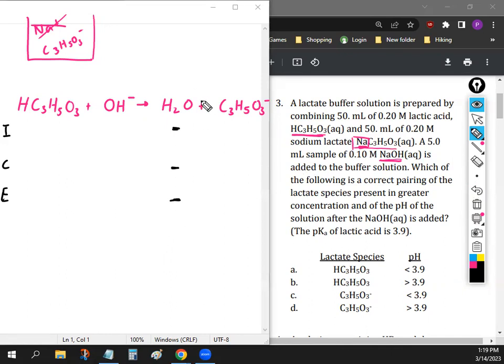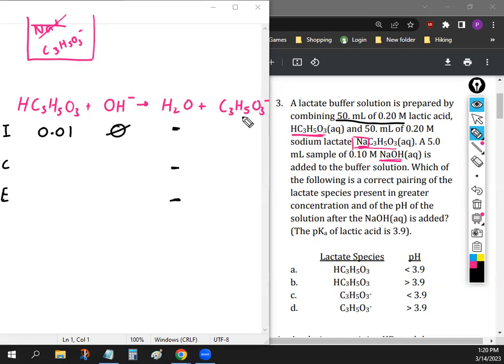I'm going to give you the calculations for moles, because this is all in molarity and we want to convert it to moles. In the beginning of our solution, before we added the sodium hydroxide, you can take these values to calculate the moles of lactic acid. You should get 0.01. Before you add NaOH, you're not going to have any significant hydroxide floating around.